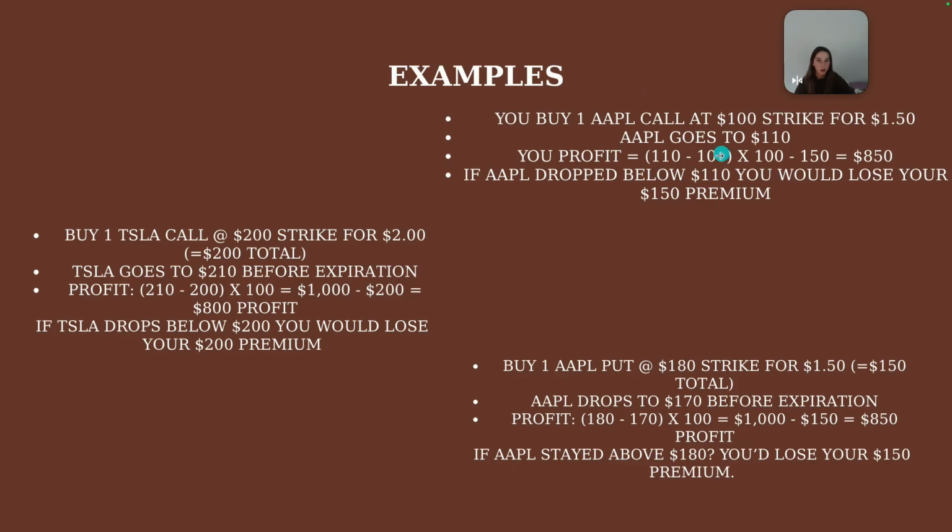So if Apple goes up to 110, you make that $10, you multiply it by 100, and then you subtract 150, because that's the price you paid for the contract. Your profit would be $850. If Apple dropped below 110, or sorry, below 100, I don't know why that says 110.